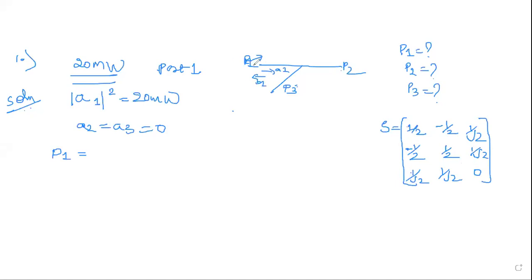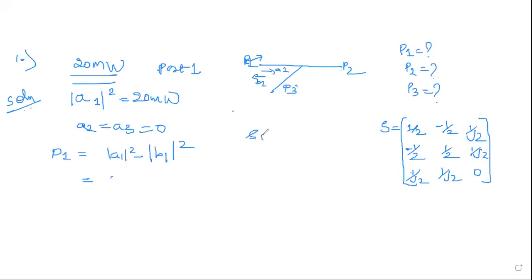So the total effective power input to port 1 is the incident minus the reflected, which is magnitude of A1 squared minus magnitude of B1 squared. Now, to write it in terms of S parameters, because we don't know what B1 is. A1 we know the value of. I have to write B1 in terms of S parameters. How can I write B1 in terms of S parameters?